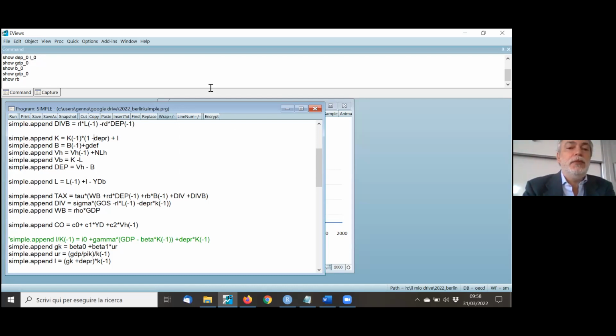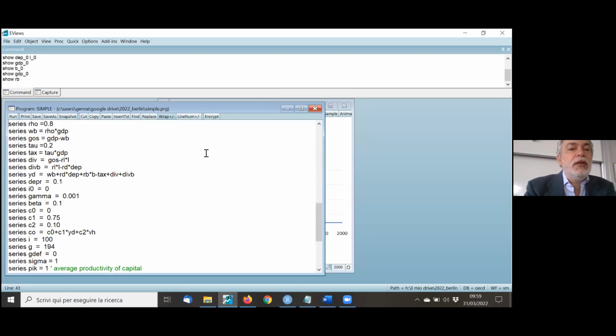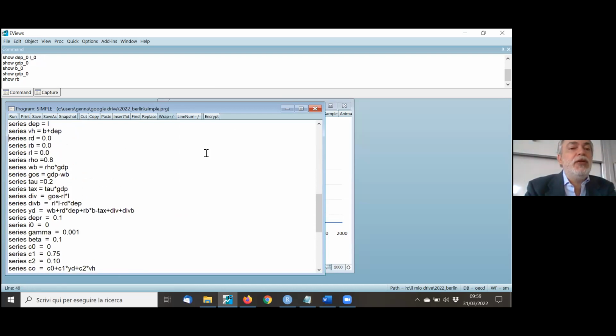So now we have a nice steady state. What if we bring back the interest rates to positive values?